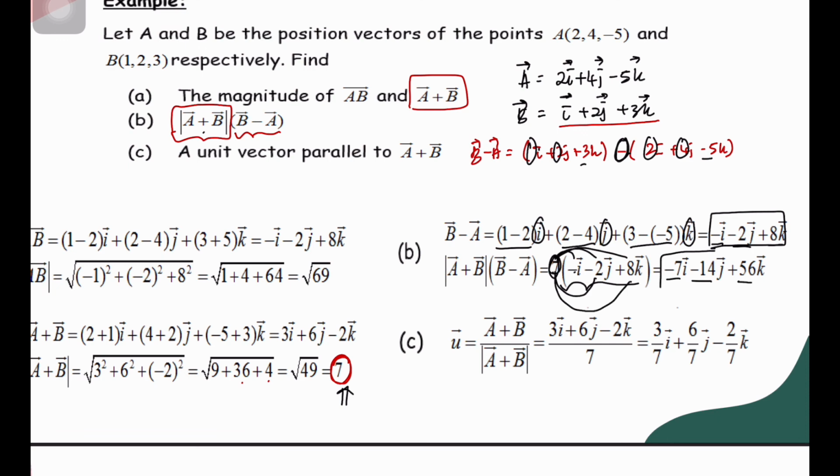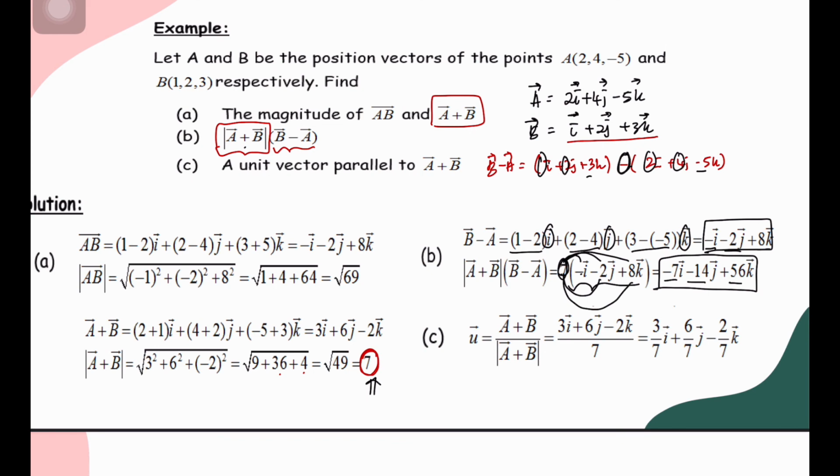So this is the answer. This is actually scalar multiplication of the vector, and the scalar is 7, the magnitude of A plus B that we found just now. Okay, so this is for question B.